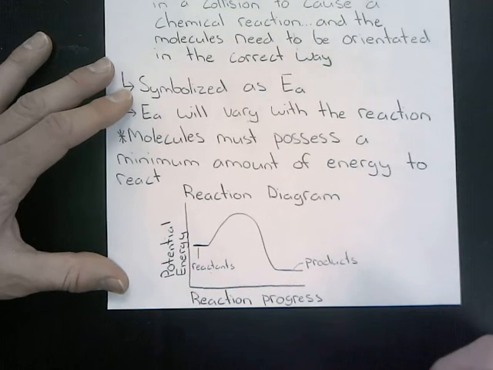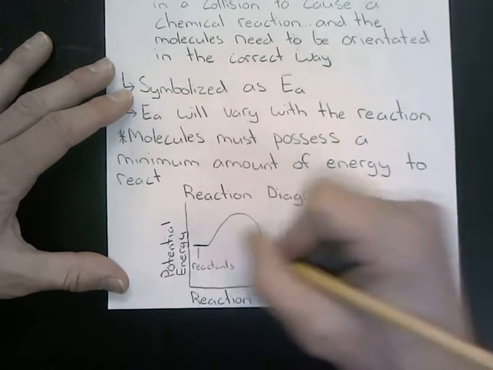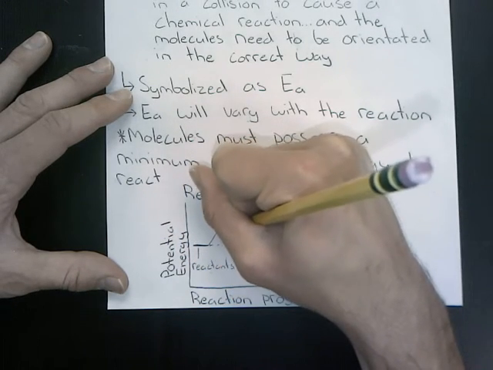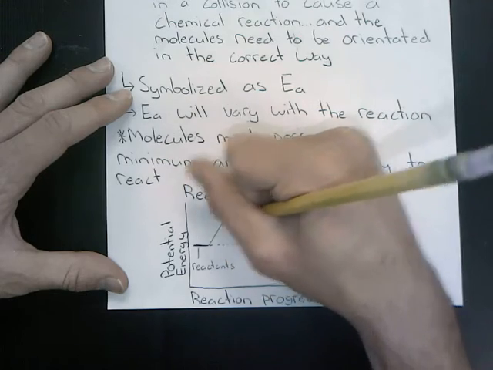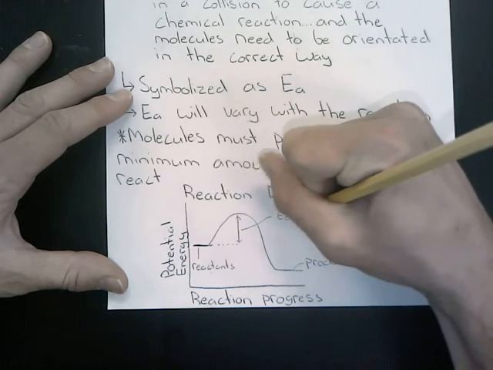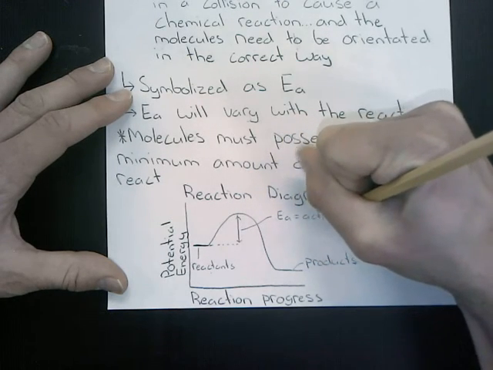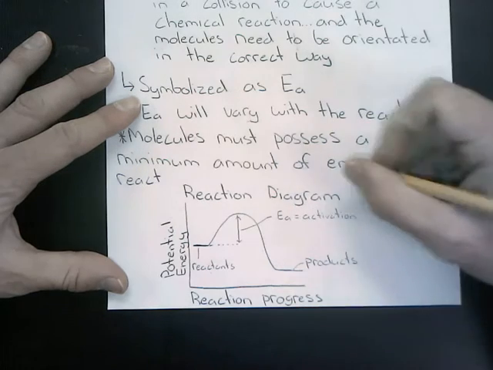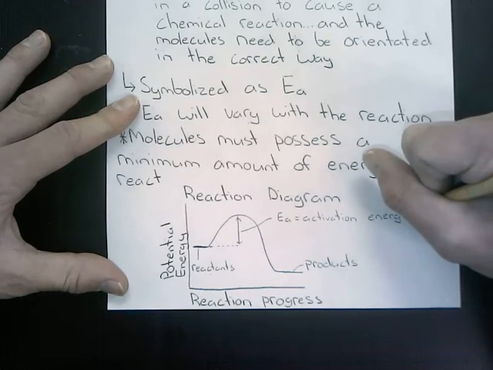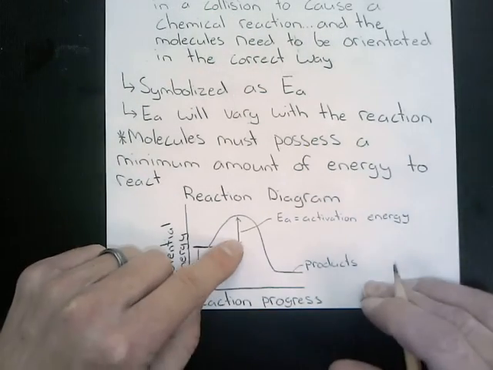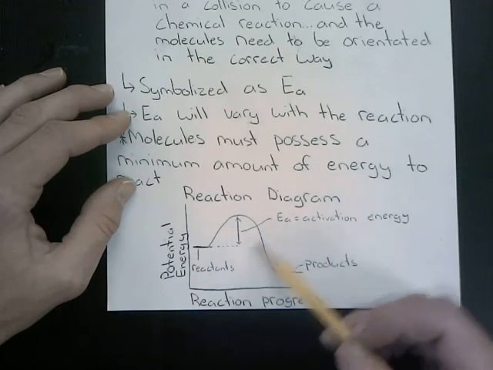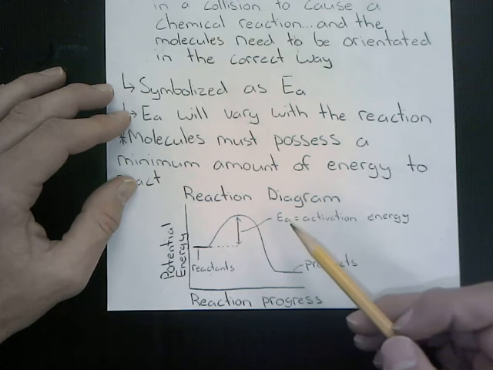Between the reactants and the top, the arrow I'm drawing right here is our activation energy. This is the minimum amount of energy, for a generic reaction, that must be reached for a reaction to occur.